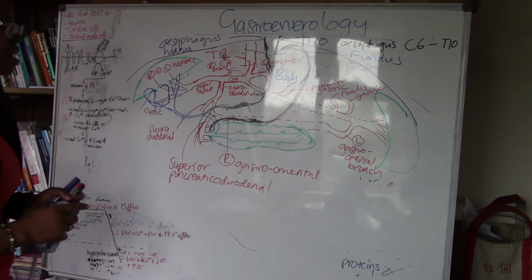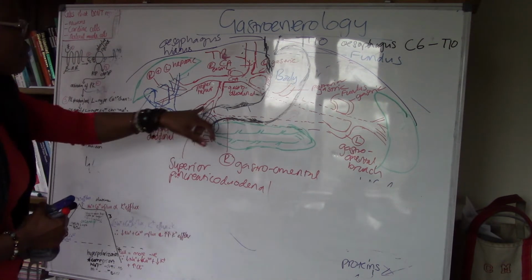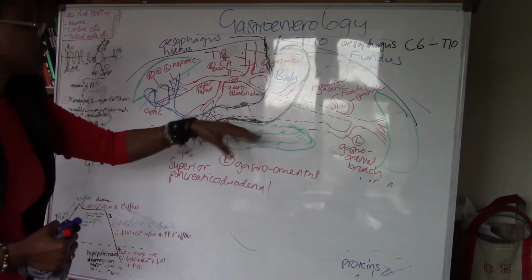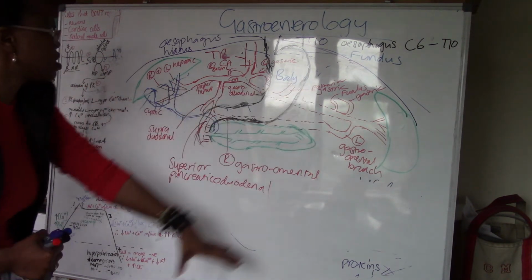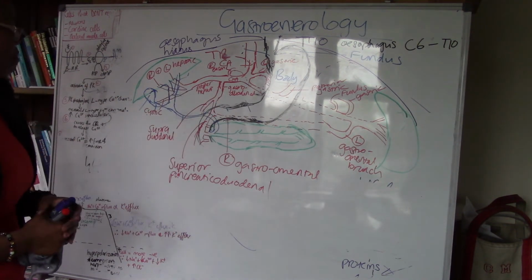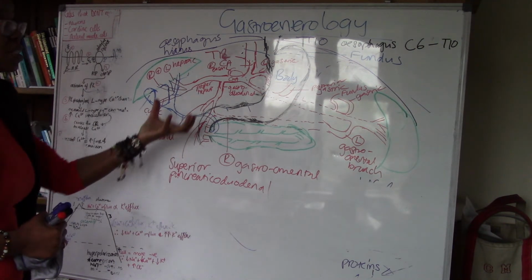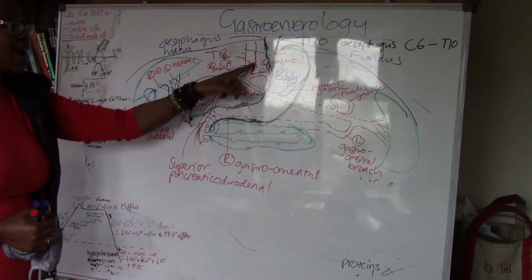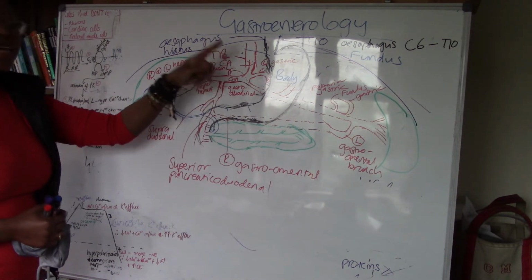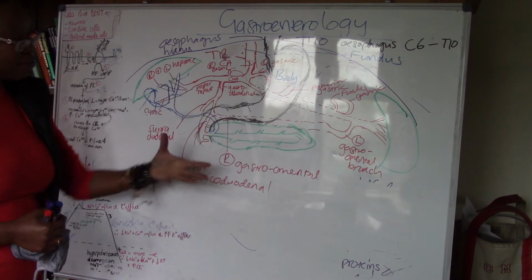So really, there will be other duodenal branches and other gastric branches given off, but these are the main arterial branches from the celiac axis at level T12 that supply the foregut.